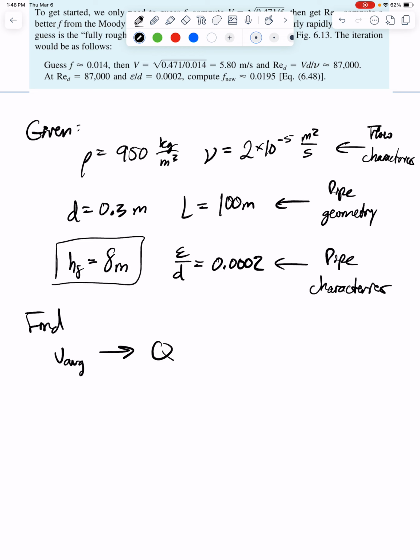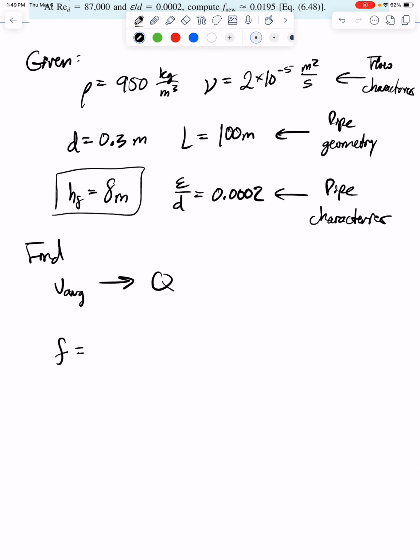What's its roughness value like? What's the finishing like? That is pipe characteristics. Flow characteristics: how fast is the flow, what's its viscosity, etc. Their interaction is going to generate a certain friction factor, which is known as the Darcy friction factor. So this friction variable is a function of flow characteristics and pipe characteristics.